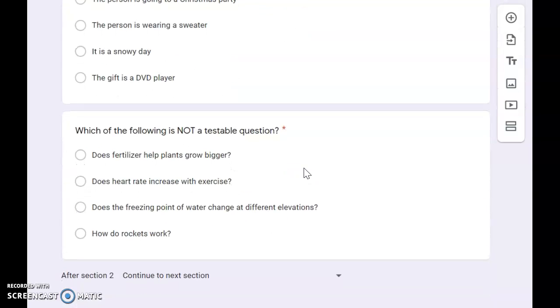And which of the following is not a testable question? Remember, a testable question is something that focuses on a cause and an effect. It also includes an independent variable and a dependent variable.